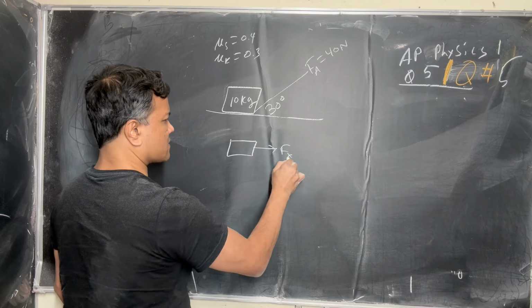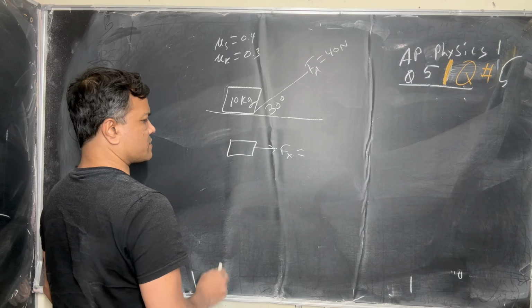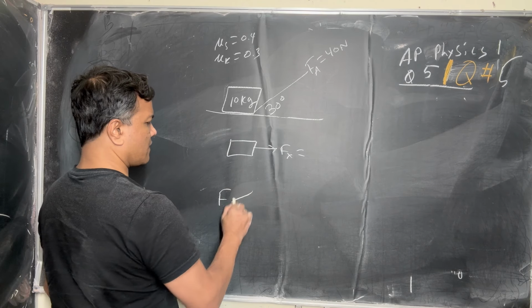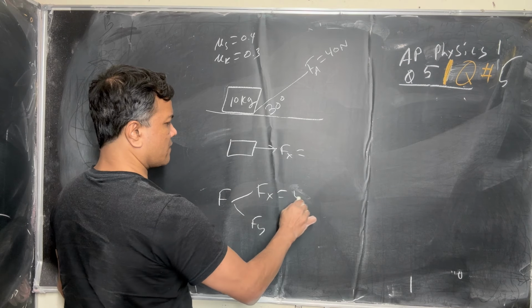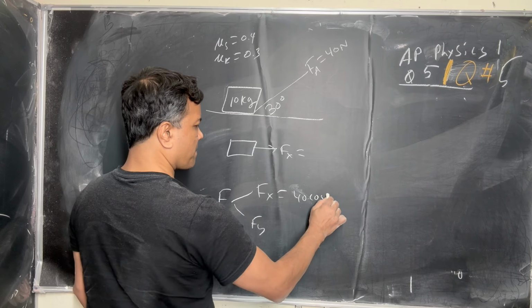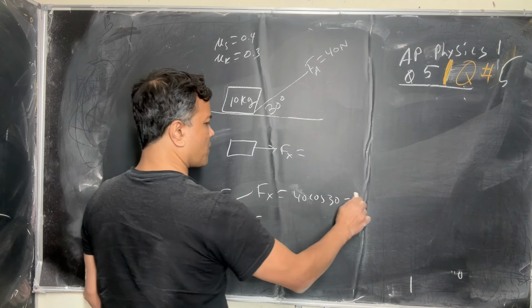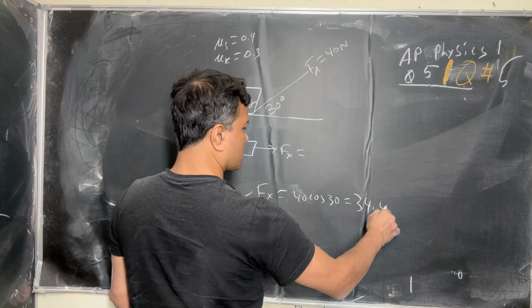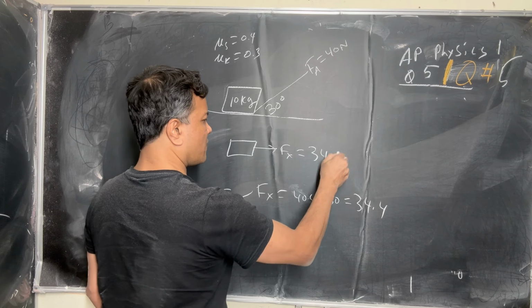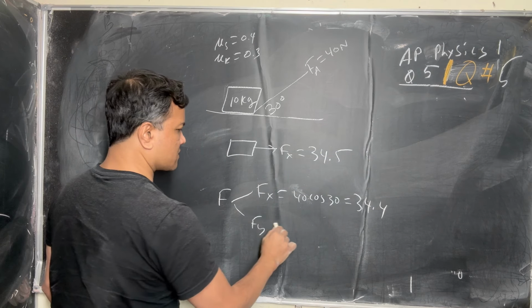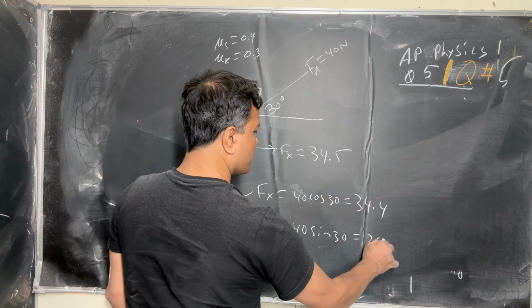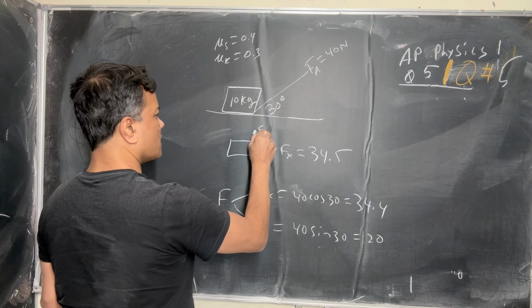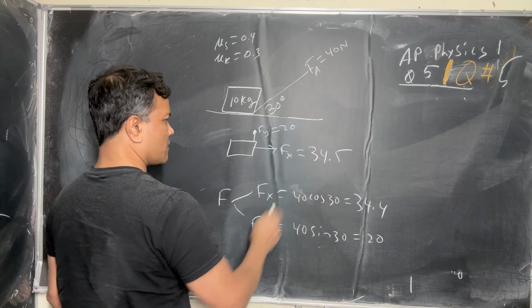So Fx, start with Fx. Fx, Fy. 40 cosine 30 is 34.4, let's say 34.5, not sure what. 40 sine 30, which is 20, so this is Fy, which is 20 Newton.